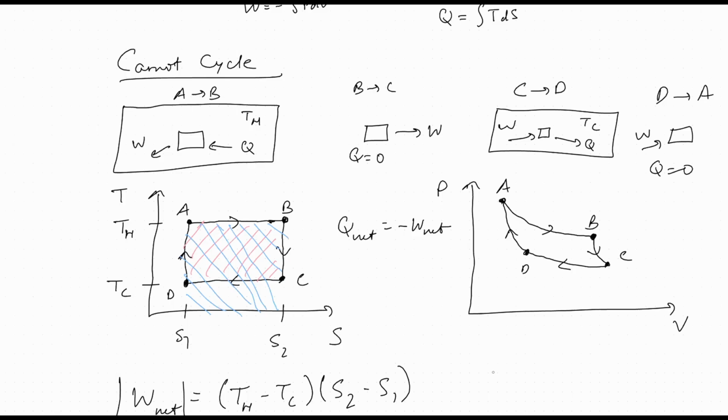And so the way we define efficiency here is equal to the net work that we get divided by the total heat input. So from the rectangle, we know that work net is equal to QH minus QC.